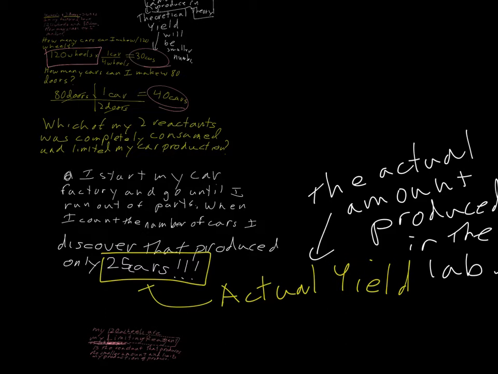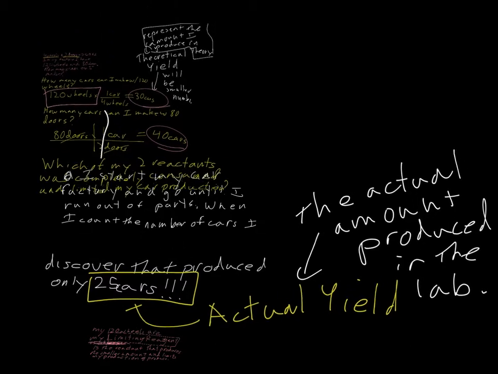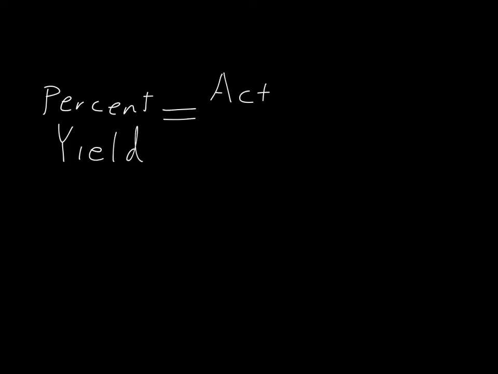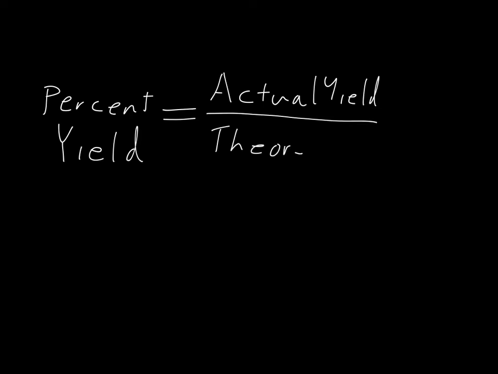So if I wanted to grade the production of my factory, I could use a quantity known as percent yield. Percent yield is equal to the amount you actually produce, or in other words, your actual yield, divided by your theoretical yield.